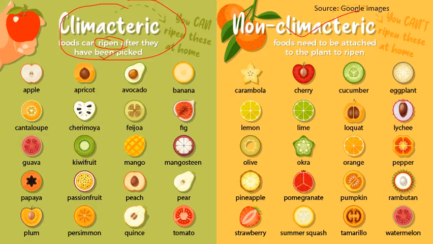While in the case of non-climacteric fruits, the fruits will mature and ripen only when they are attached to the parent plant, and the rate of respiration is low compared to climacteric fruits. So these are examples that can be asked in entrance exams. We can remember two or three examples from both climacteric as well as non-climacteric fruits.